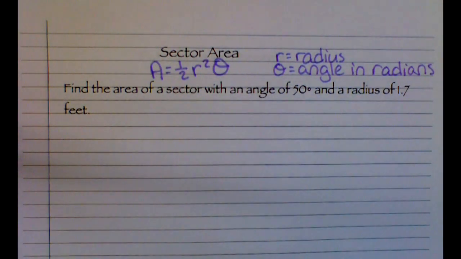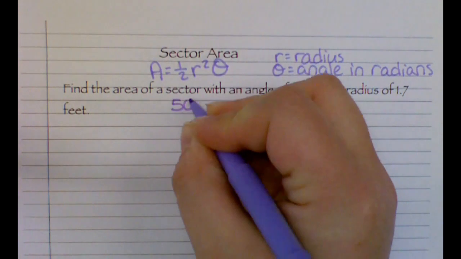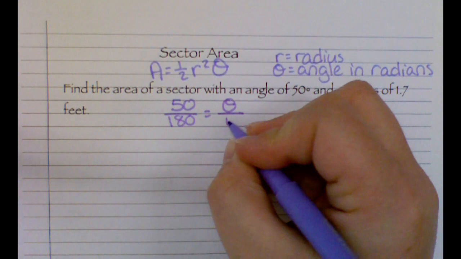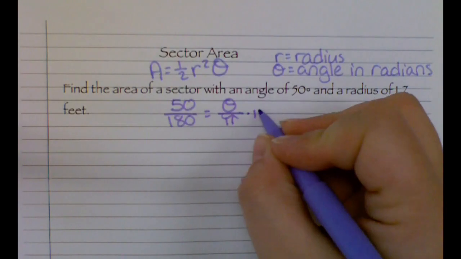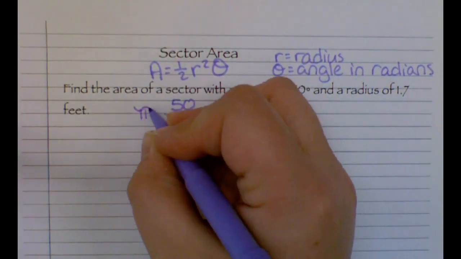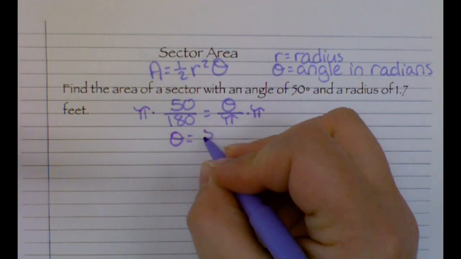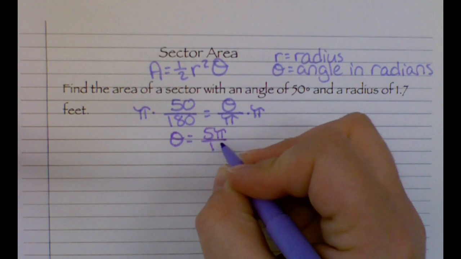So if I find the area of a sector with an angle of 50 degrees and a radius of 1.7 feet, we have to again change our angle into radians. So 50 over 180 equals theta over pi. Multiply my pi over. 50 over 180 simplifies to 5 over 18. So my angle is 5 pi over 18.